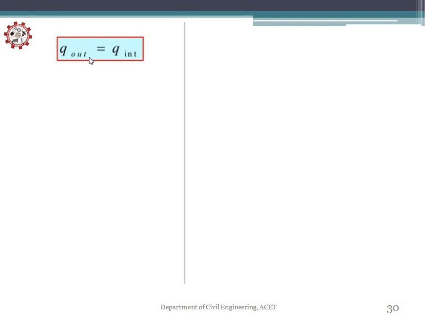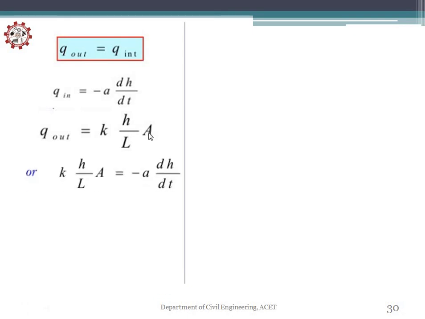So Q out equals Q in. Q in is given by minus A dH upon dt, where A is the area of the small standpipe with respect to height and time, and Q out will be the coefficient of permeability K with hydraulic gradient H upon L with respect to cross-sectional area A. So we put this in the equation: K H/L A equals minus A dH upon dt.